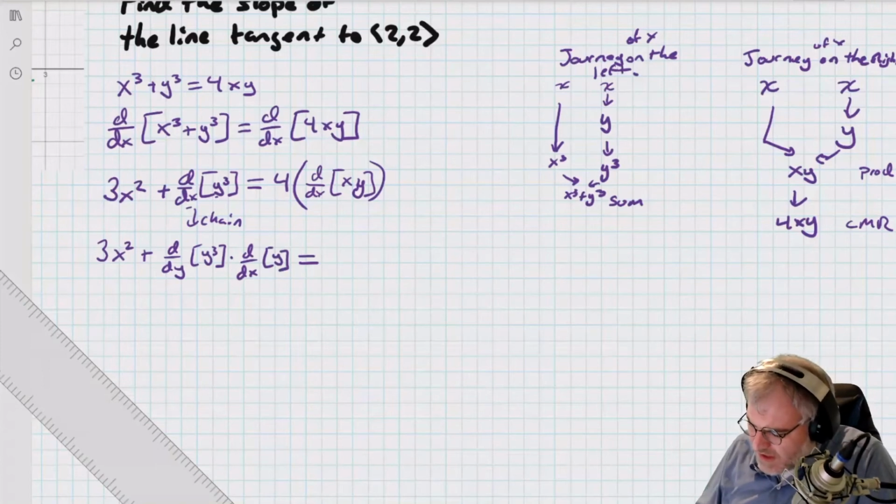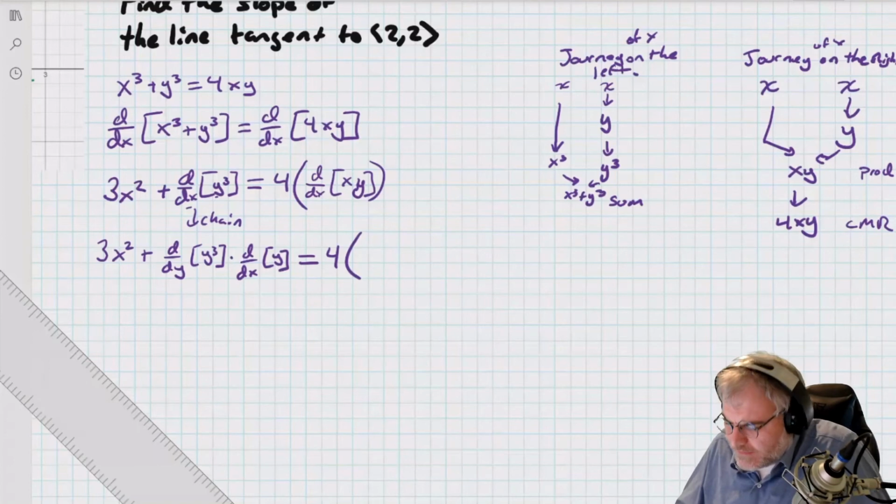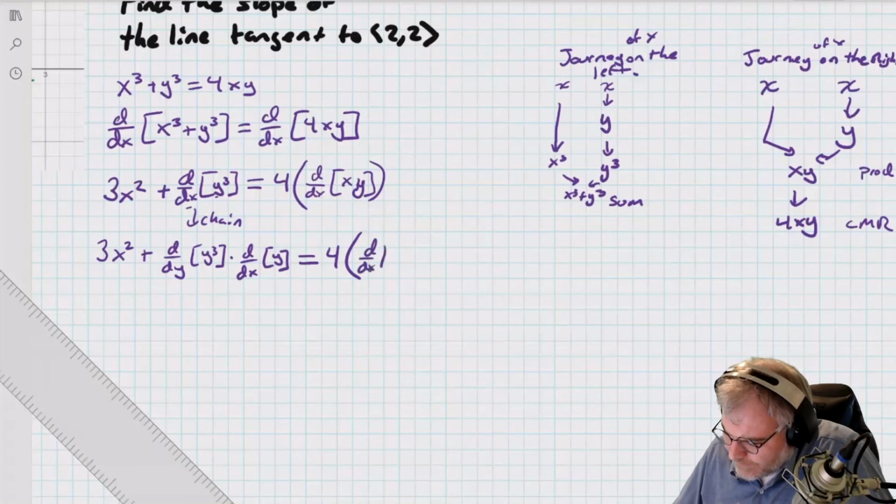And that's going to equal, now I've got this 4 hanging out by the constant multiple rule. And now I have to do a product. So I'm going to do the derivative with respect to x of the first times the second plus the first times the derivative with respect to x of the second.